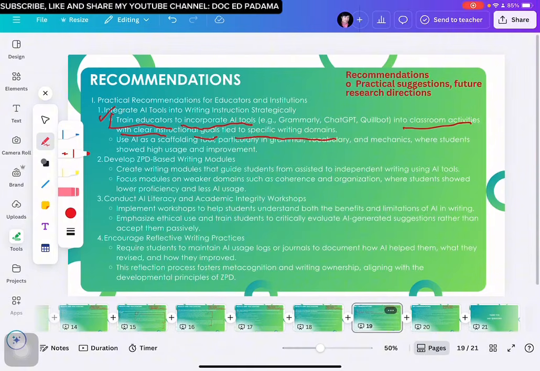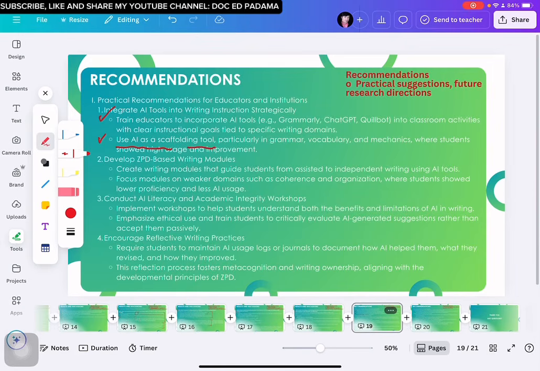So if we're going to analyze the second one, are there any point person, individual, institution, or organization that is reflected in the second part? So let's just remove this. So if you're going to look at the second part, use AI as a scaffolding tool. Who will be using AI?